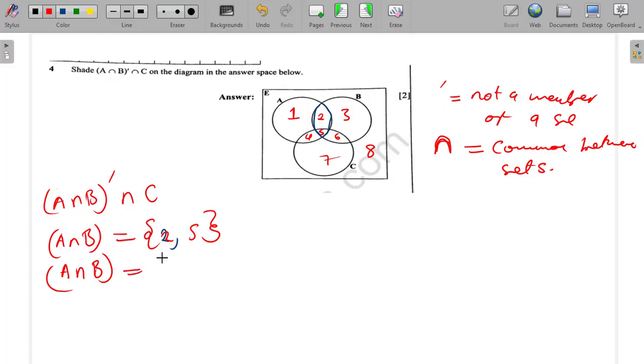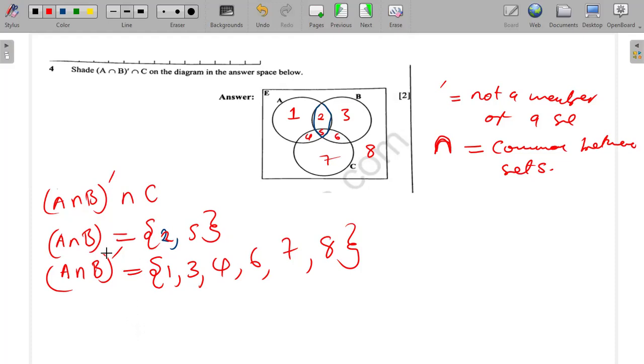That includes 1, 3, 4, 6, 7, and 8 as well. That's A intersection B complement. These values are not in A intersection B.